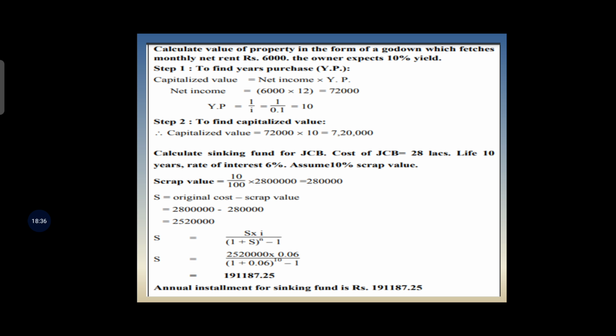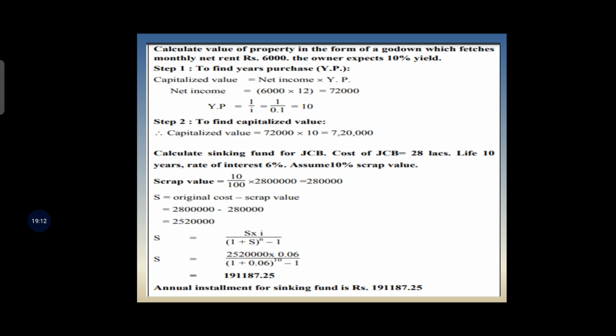Now the next sum is to calculate the sinking fund for a JCB. The cost of the JCB is 28 lakhs and the life is 10 years. Rate of interest is 6% and the assumed scrap value is 10%. So the scrap value is equal to 10 divided by 100 into 28 lakhs, that is 2,80,000.